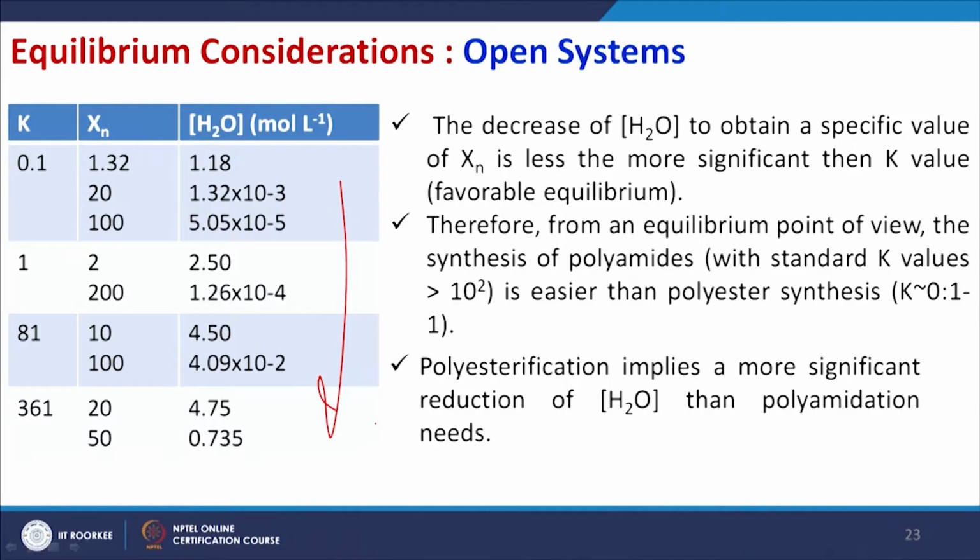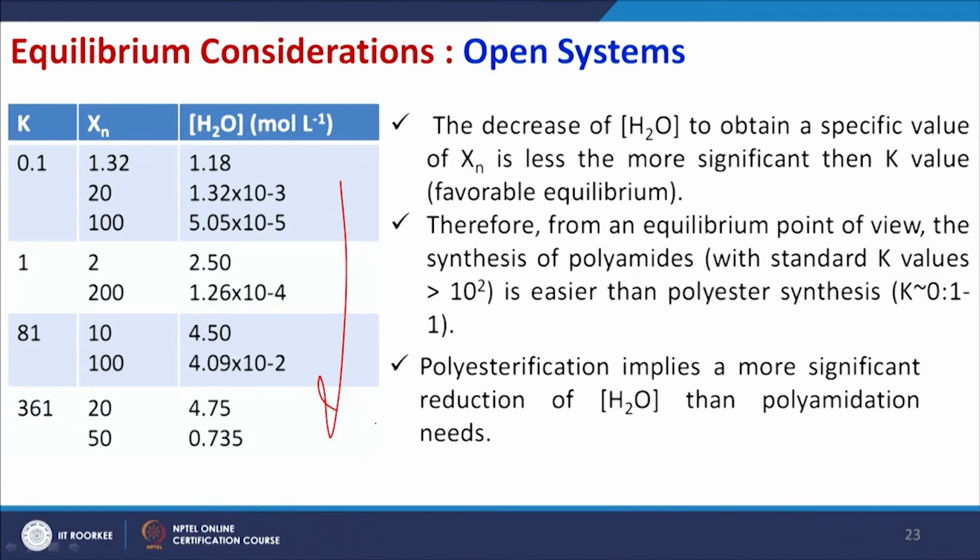Now, this particular table represents the calculation of water concentration values for chosen values of K and Xn at an initial concentration of 5 molar. Here you see the K values, Xn, and concentration of water in moles per liter, for the different values.